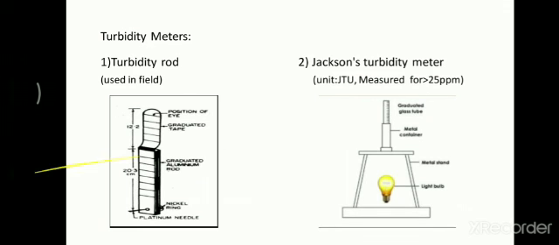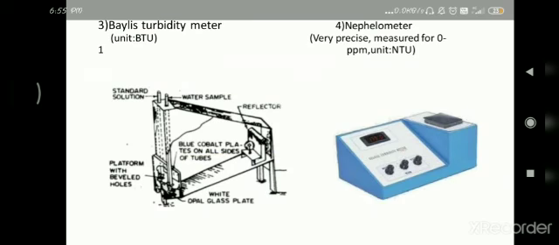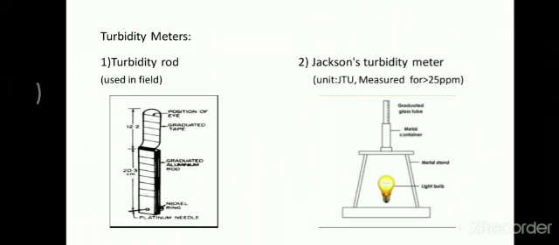So next is the turbidity meter. The common methods of measuring turbidity of water are the turbidity rod, Jackson's turbidity meter, Baylis turbidity meter, and nephelometer. The first one, the turbidity rod, is used in the field, and it contains a graduated aluminum rod, a graduated tape, a position of the eye at the top of the graduated tape, and at the lower part of the aluminum rod a platinum needle, and then a nickel ring is attached.